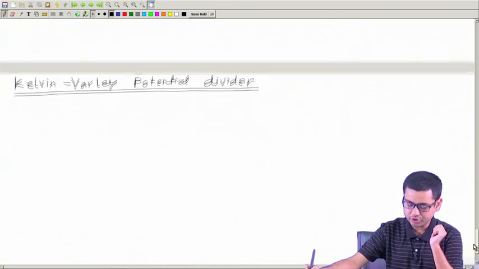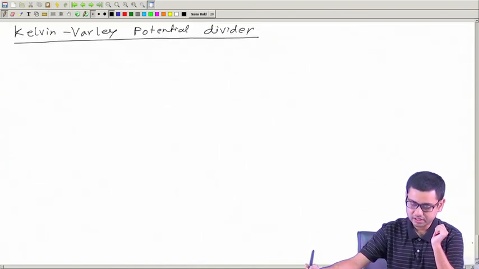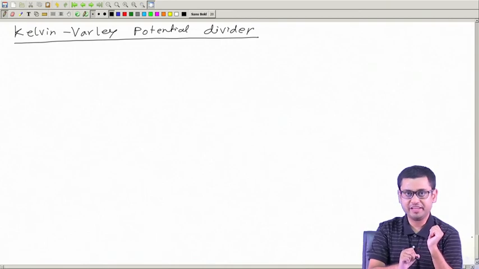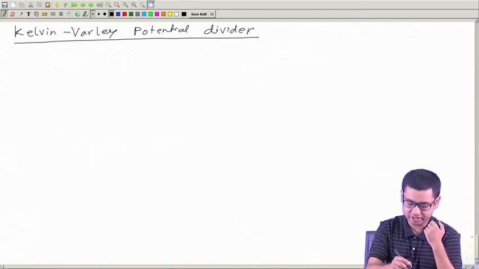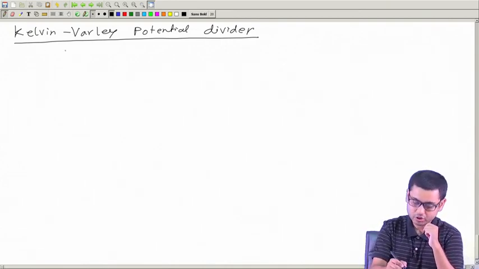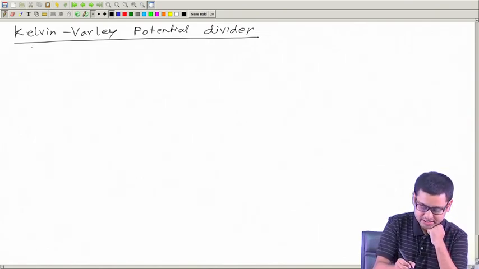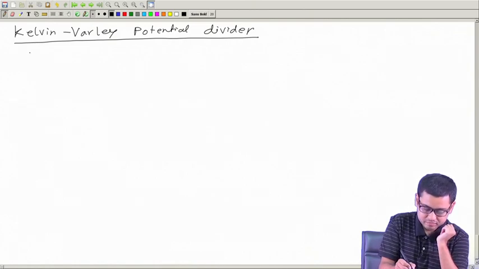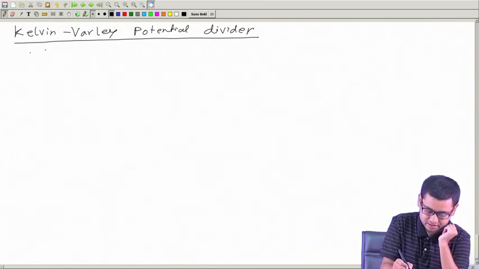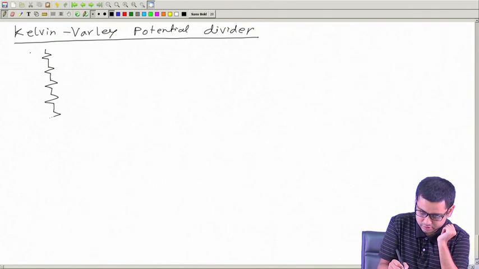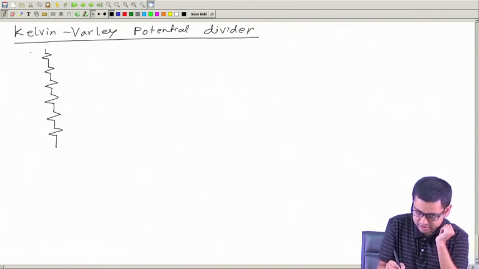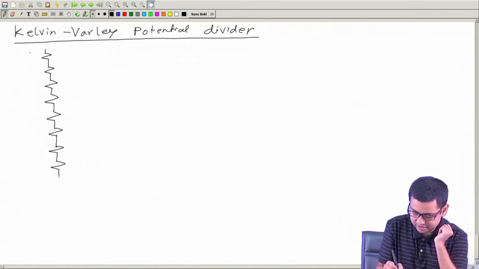Okay. Now, the solution to this problem is a small modification, but very nice and well thought of modification of the previous circuit. What is the modification? The modification is like this. I will first take say 10 resistances, 1, 2, 3, 4, 5, 6, 7, 8, 9, 10.